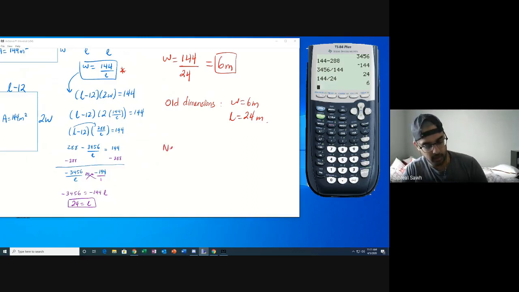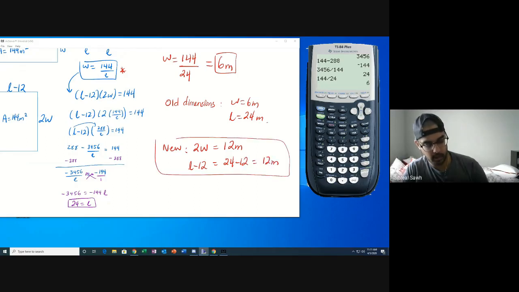If we go to do the new ones, whatever our width was, it was doubled, so 2w is going to be equal to 12 meters. The new length was length minus 12, so if I do 24 minus 12, that's going to give me 12 meters also. So my new flower bed is actually a square, 12 by 12.